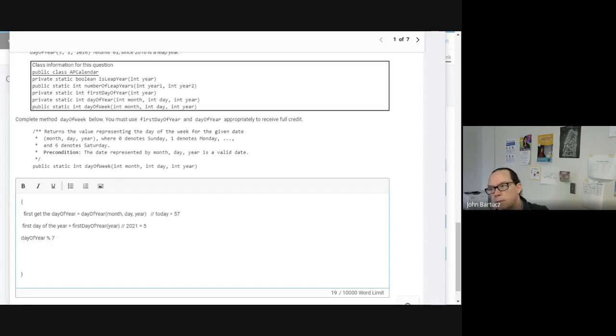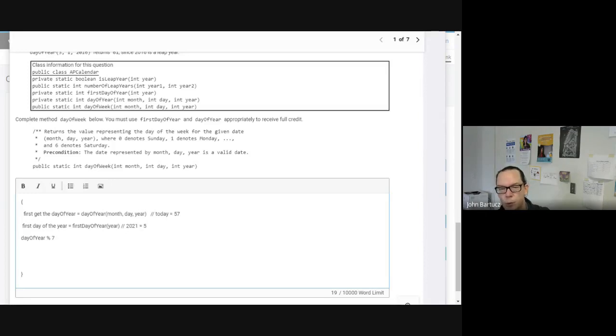So in theory, if it were 2, that means we are 2 days ahead of the first day of the year. So if today is 57, then 57 mod 7 should give us the offset.